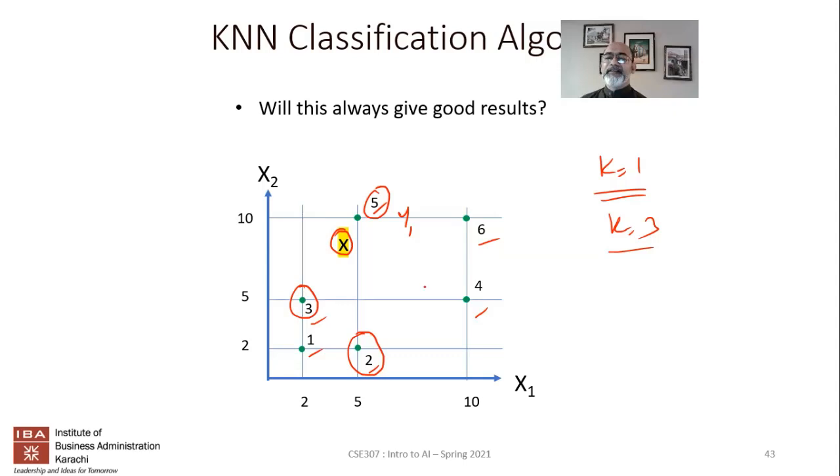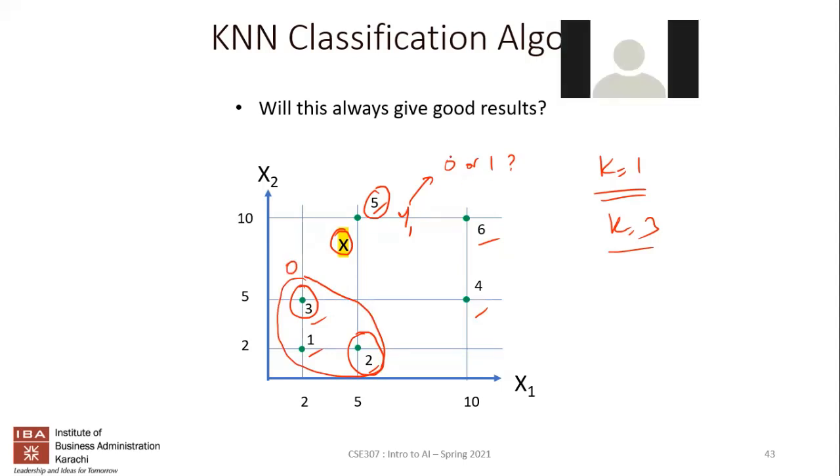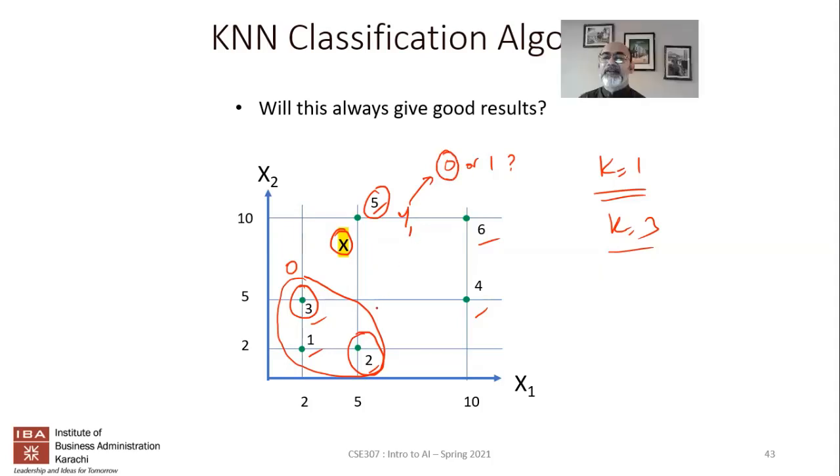Okay, so in this case, if these are the 3 nearest neighbors, y1 is going to be classified as a 0 or a 1. Because 2 of these neighbors were classified earlier as 0, it's going to be classified as a 0. It's going to be 2 versus 1 over here.